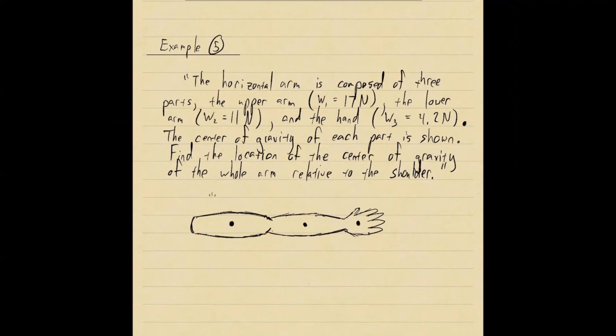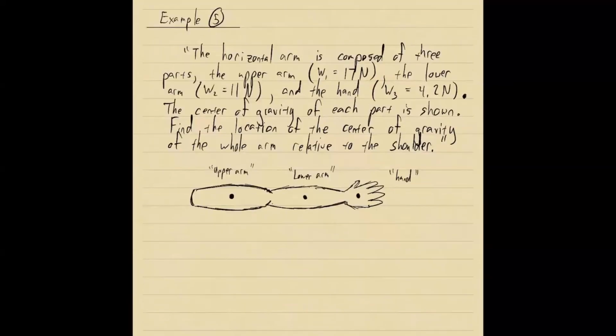So this thing here is the upper arm. This thing right here is the lower arm. And then, to no one's surprise, this is the hand. W1 acts downwards like this. W2 acts downwards right here with magnitude of 11 newtons. And W3 is the weight of the hand pushing downwards.